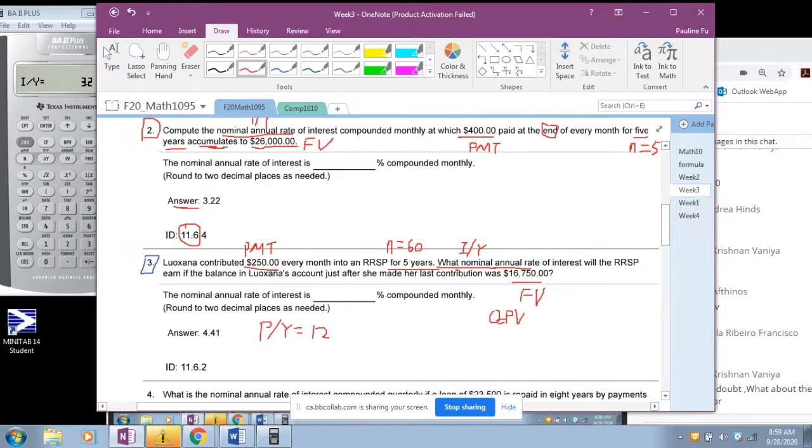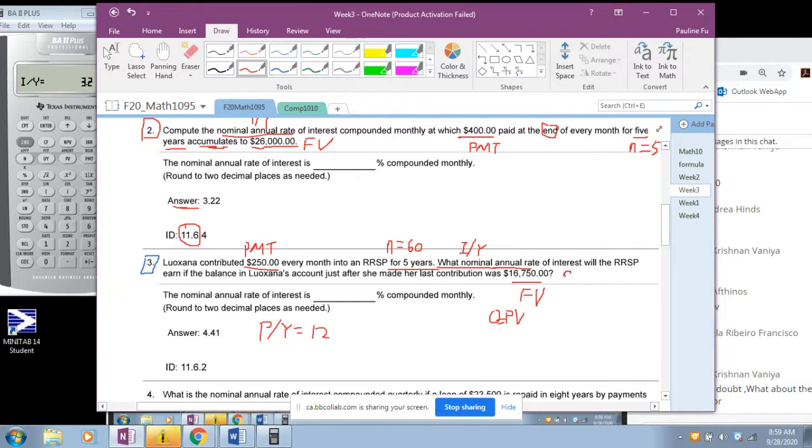If you contribute every month, what nominal rate of interest will it be if the balance is adjusted? Thank you, David. CY is supposed to equal 12 because it didn't mention interest compounded annually or quarterly.